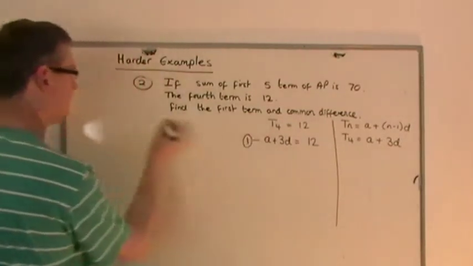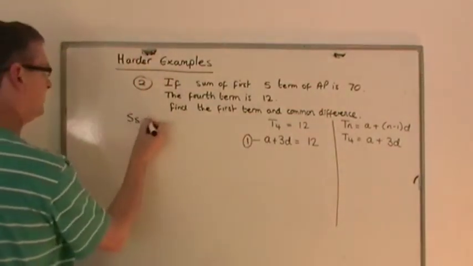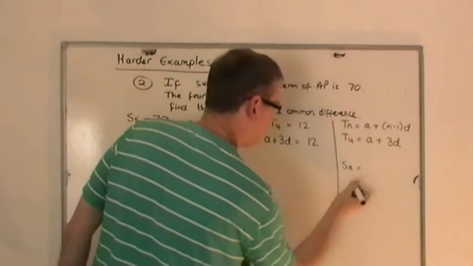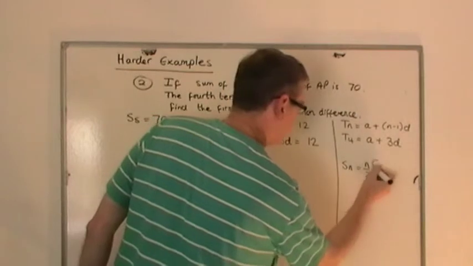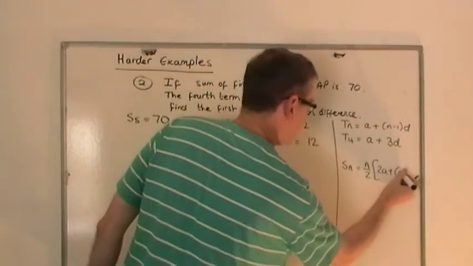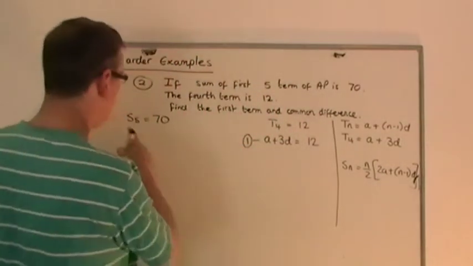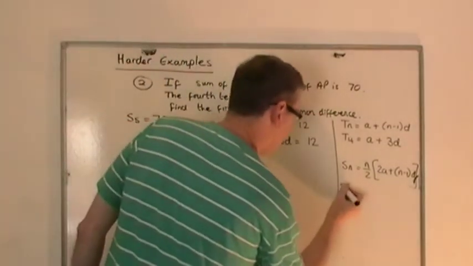Right, S5 equals 70. Let me make a bit of space and go over here. S5 is equal to 70. Well, the Sn formula, the sum of n terms, is n over 2 bracket 2a plus (n minus 1) d. So if I want S5, n is 5.